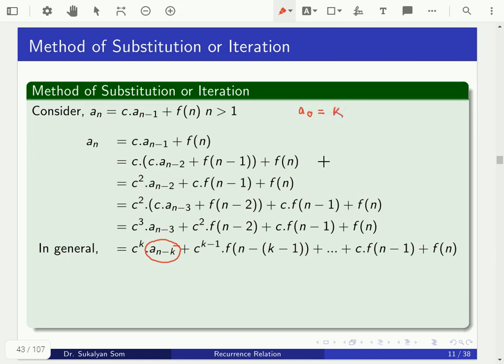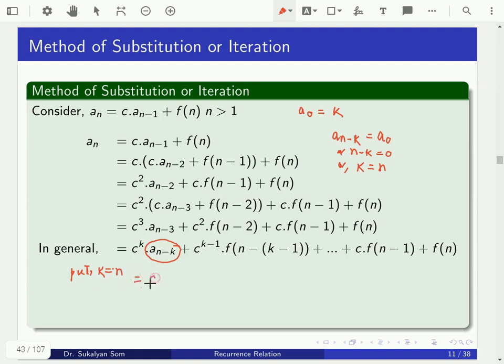Now if we put k equal to n in the right hand side of this equation, then a_(n-k) becomes a_0, and the other terms become c to the power n-1 times f(1) plus c to the power n-2 times f(2), up to f(n).